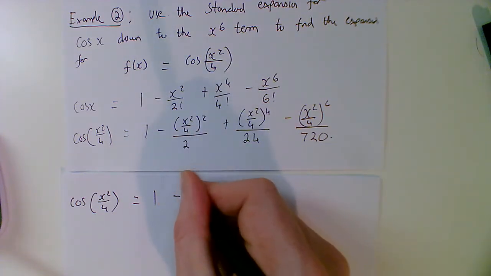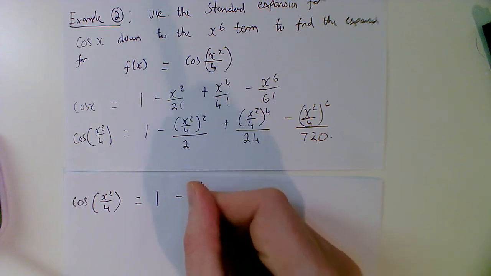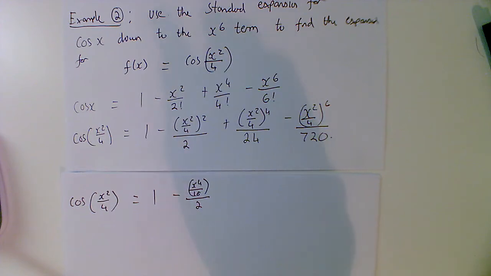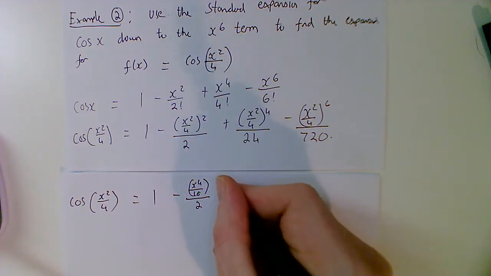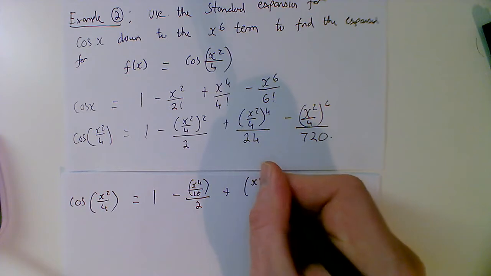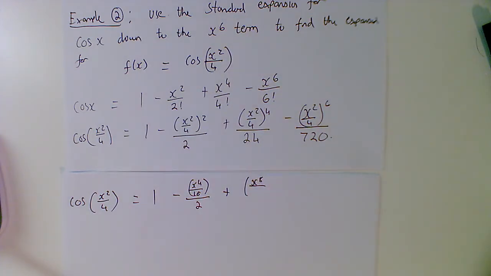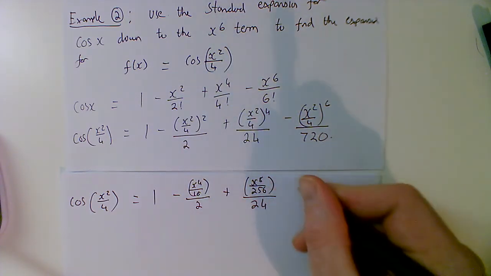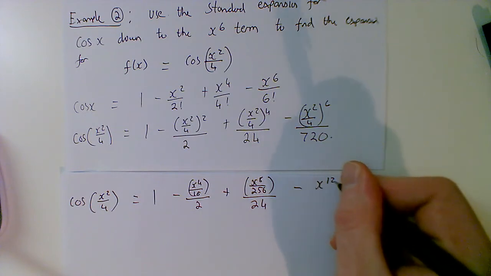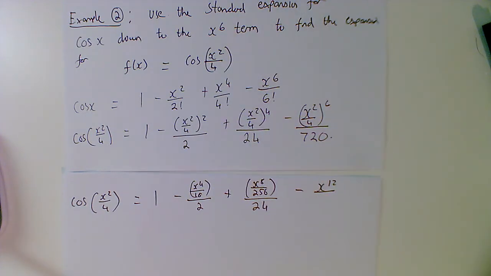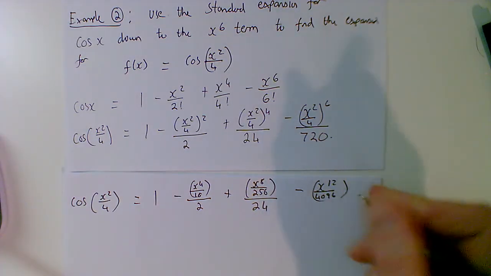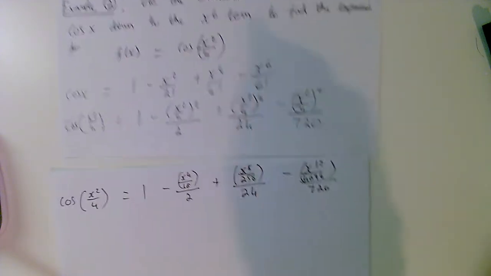So that's going to be x to the power of 4 over 16, over 2, plus x to the power of 8 over 4 to the power of 4, which is 256, over 24, subtract x to the power of 12 over 4 to the power of 6, which is 4096, over 720.